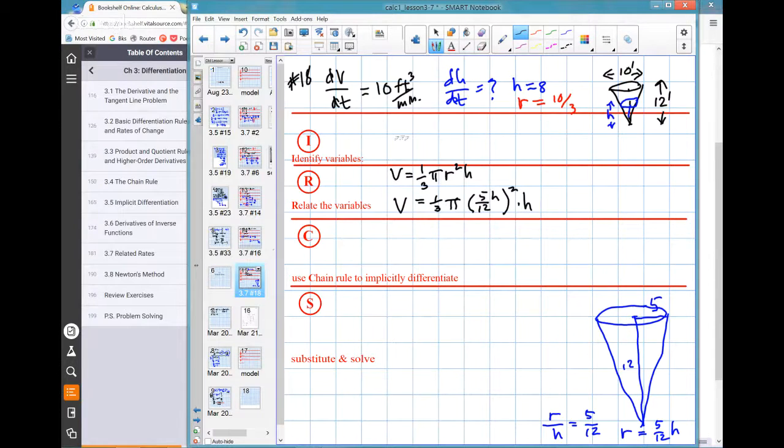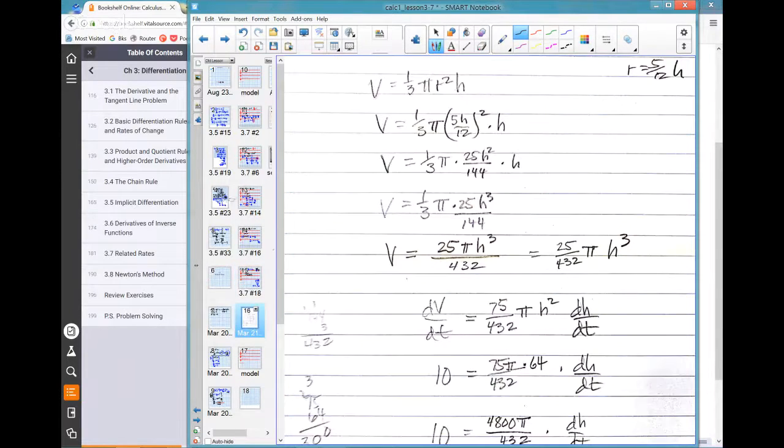I figured out what R is when you have the full thing. Let me just do it on the bottom here.